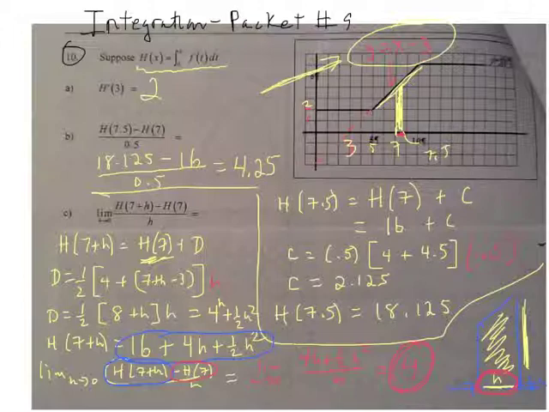Now let's take a look up here. We're trying to find the derivative at 7. So my value on my x-axis is 7. And take a look, my value on y is 4. So again, this h of x is an accumulation function.